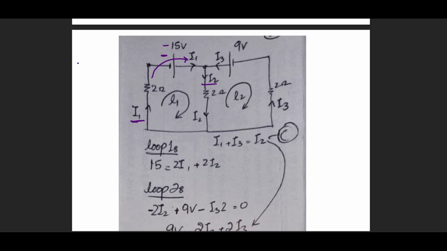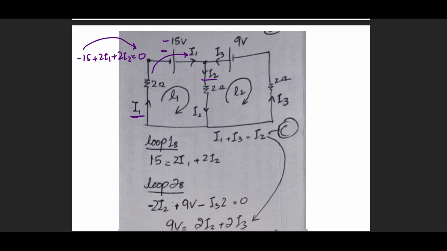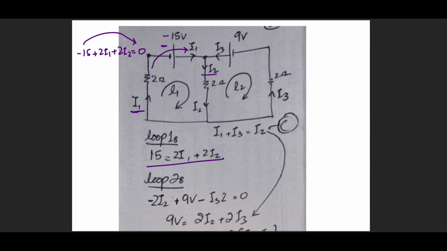So this equation looks like minus 15 plus 2I1 plus 2I2 equals 0. Then you take this to the other side, and 15 is equal to 2I1 plus 2I2. This is my equation for the first loop, right?